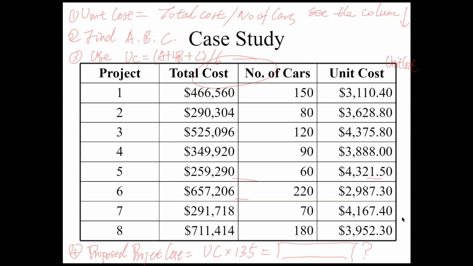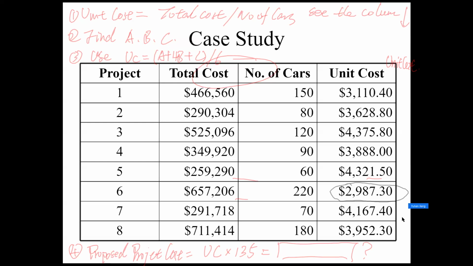What are we going to do in the next one? Find the ABC, right? Find the ABC first. So remember, A is the minimum unit cost of your previous projects. So in this case, which number is A? Number 6. This one is the smallest one, right?